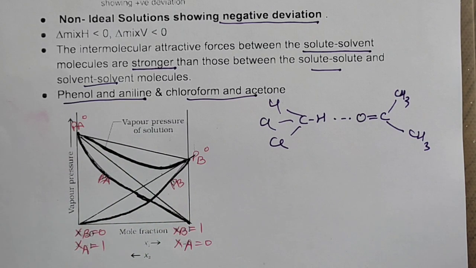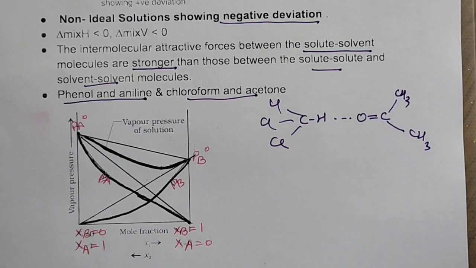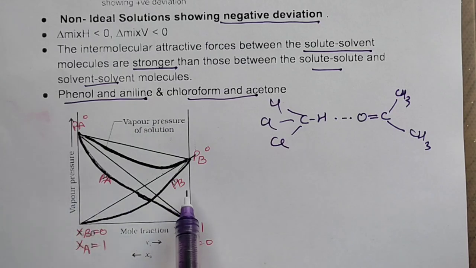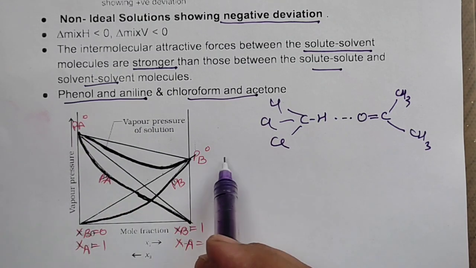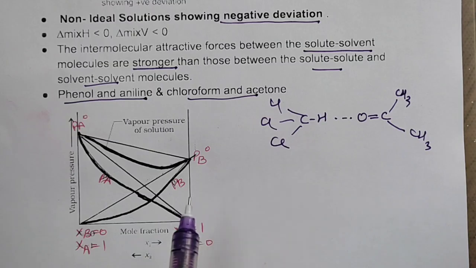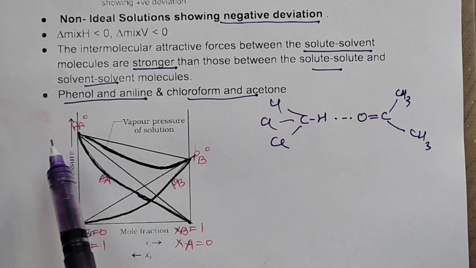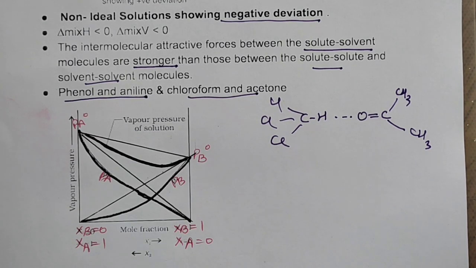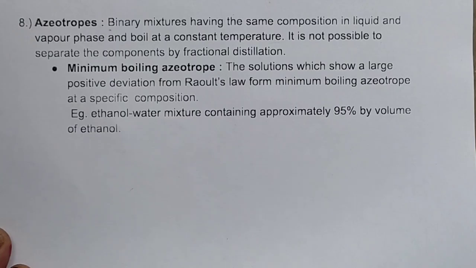PA and PB are the partial vapor pressures of A and B. PA naught and PB naught are the pressures of the pure components. If I write naught, that is for the pure component; PA and PB are partial. Is this clear? Okay.